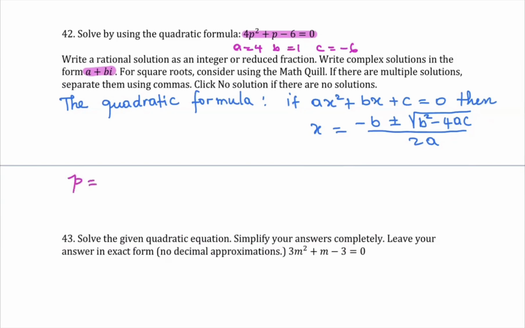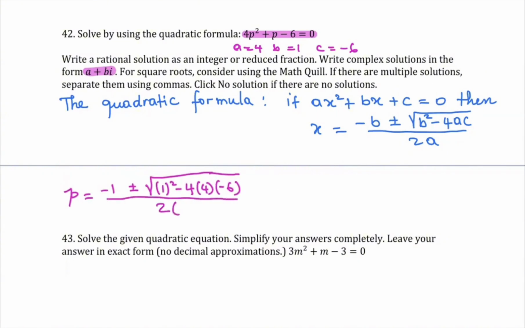So p, since the variable is p, equals negative b. b is 1, negative b is -1, plus minus the square root of b squared, so 1 squared minus 4 times a, 4, times c, -6. So we have that divided by 2 times the value of a. 2 times the value of a is 8.